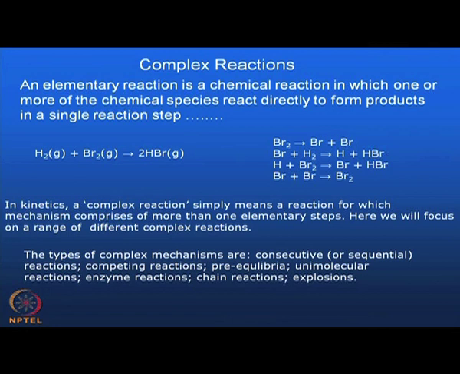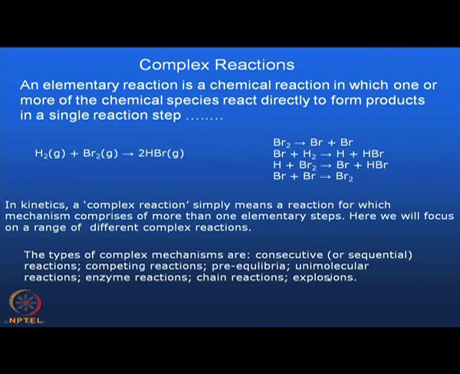As you see here, the example with which I started the discussion, this particular reaction has got 4 elementary steps, and you see 2 species, 2 species, 1 species. So, these 3 are bimolecular steps. This is a unimolecular step you can call. Okay.